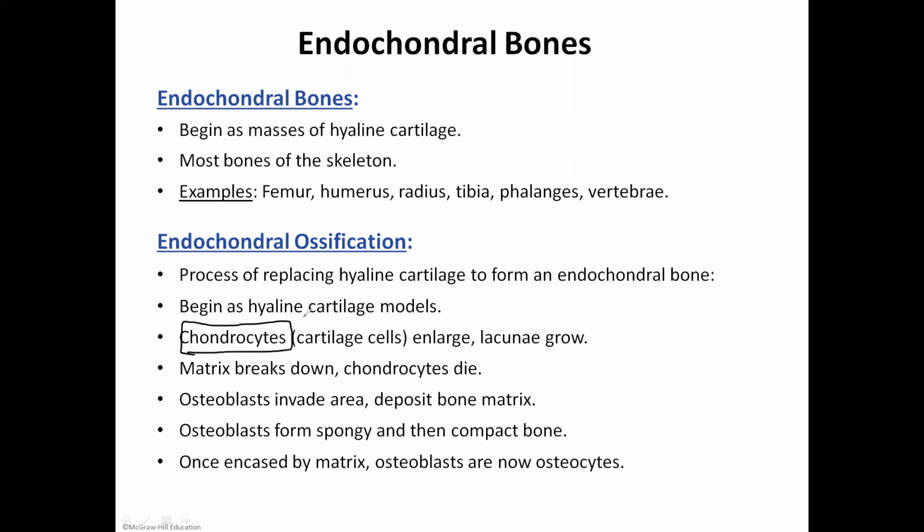They start off a little bit smaller and then they enlarge. And when they enlarge, that lacuna starts to grow. But what's going to happen is the matrix that's surrounding the chondrocytes starts to break down. And the chondrocytes actually die. When they die, they basically calcify. And so what's going to happen is now this will allow for opportunities for osteoblasts to go into that area.